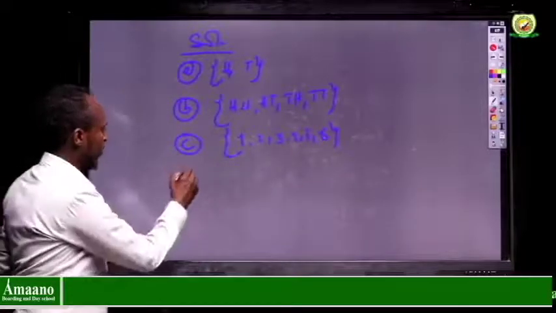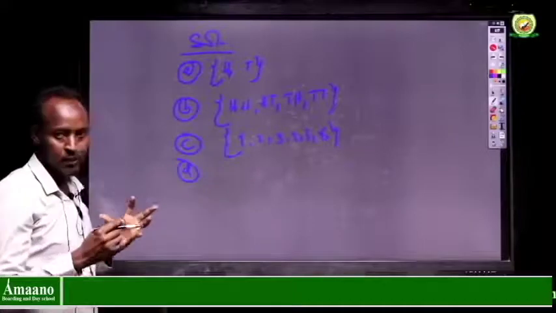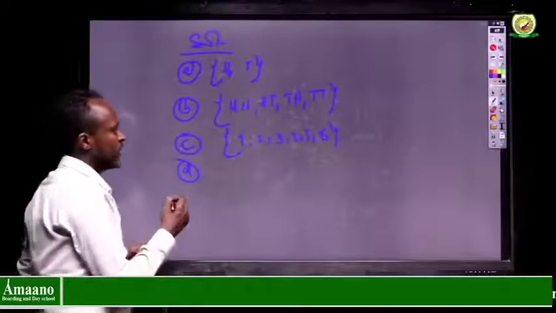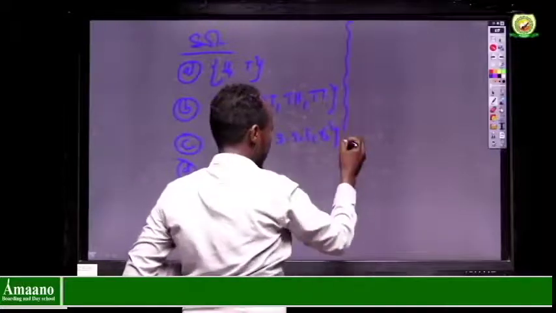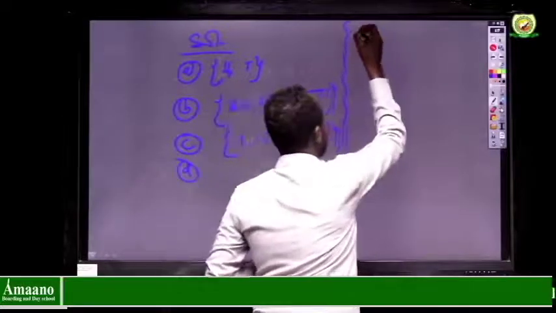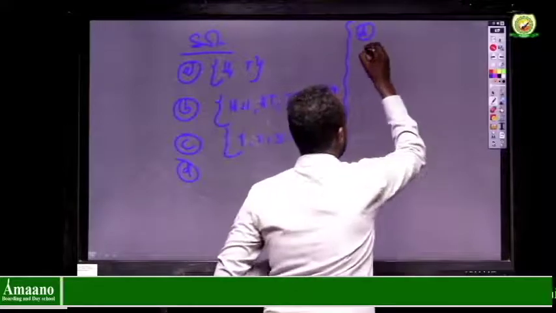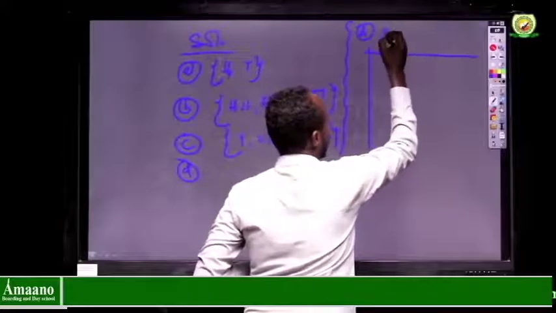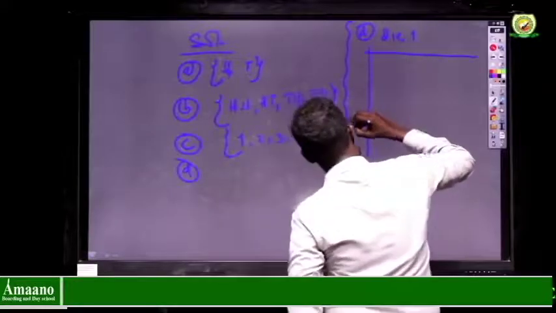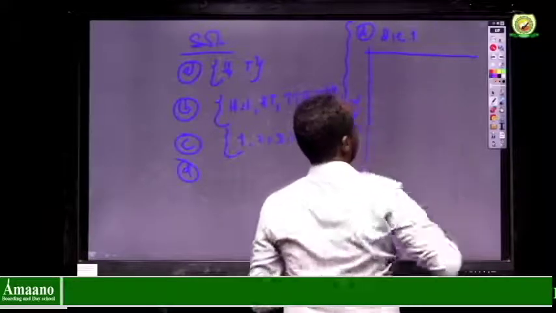Number D, if we roll two dice together, what are the possible outcomes? We can use a table, a two-way table, or we can list them. Let us use a two-way table. That is die 1, and this way we will write die 2.